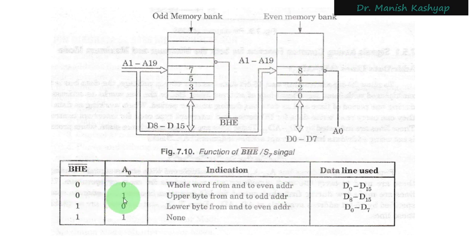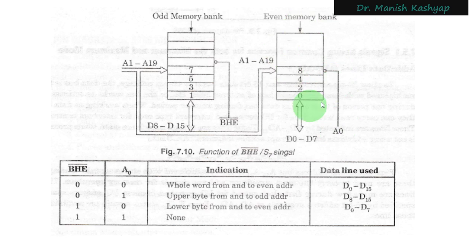Similarly, if you just want to transfer the data at the upper byte from and to an odd address, then in that case A0 will be 1. That means A0 will be deactivated. Actually, this will be connected to the chip select of this particular bank, and here you can see that this chip select is through this bubble symbol, where we mean that whatever signal is applied here is inverted.